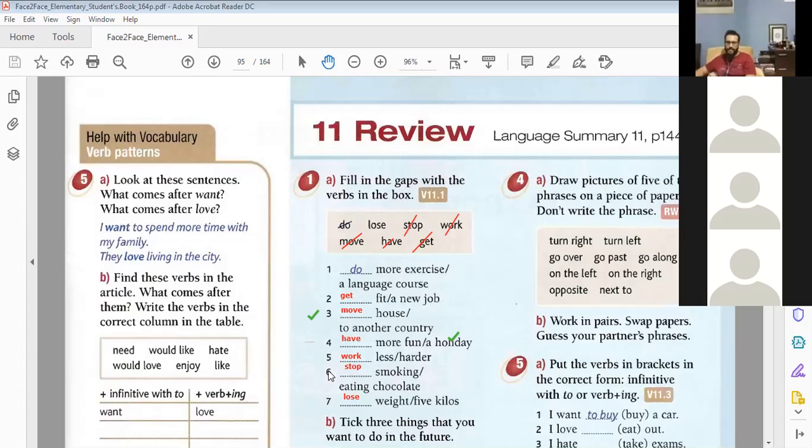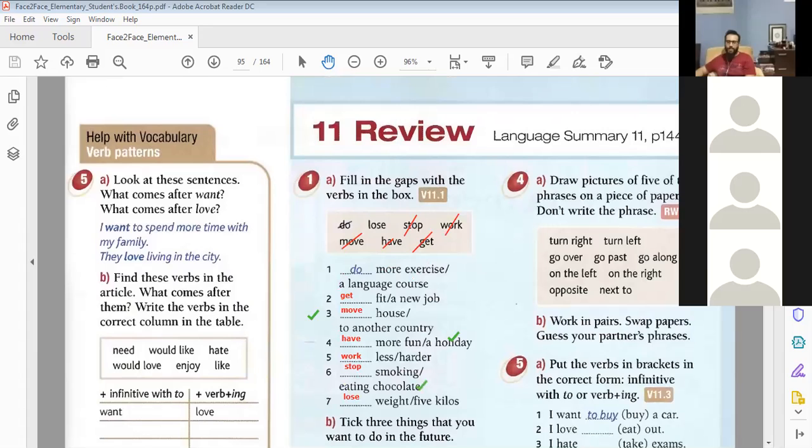Number 6. You want to stop smoking? Do you smoke, Hana? No. But you said number 6, or maybe you mean you want to stop eating chocolate? Yes. Okay.